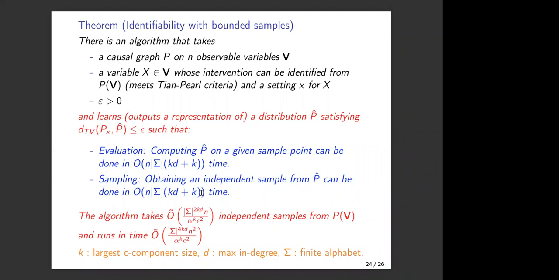I'm not going to go into detail on what alpha is, but we show that this alpha is required. In other words, you can come up with lower bounds that depend on alpha. It is a parameter related to sampling, how many samples you require to find a certain event.